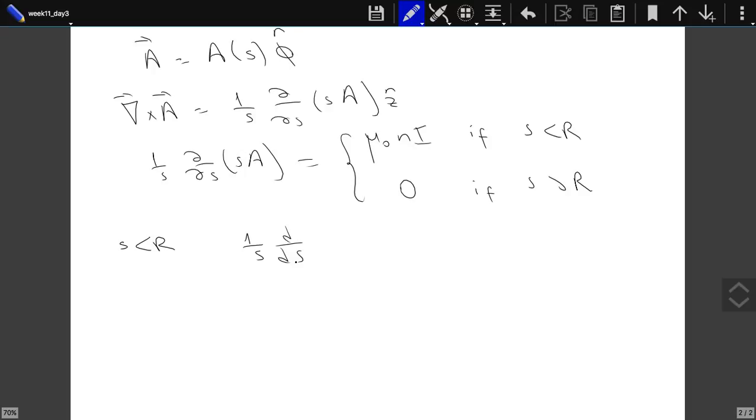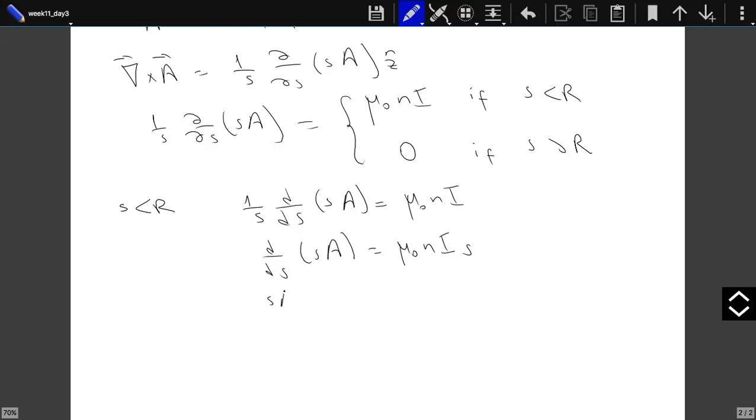So 1 over S d by dS of S times A should be equal to mu 0 n times I. So d by dS of S times A is equal to mu 0 n I times S, or S times A should be equal to mu 0 n I times 1 over 2 S squared plus some constant.